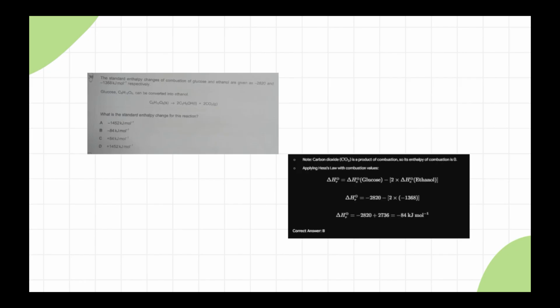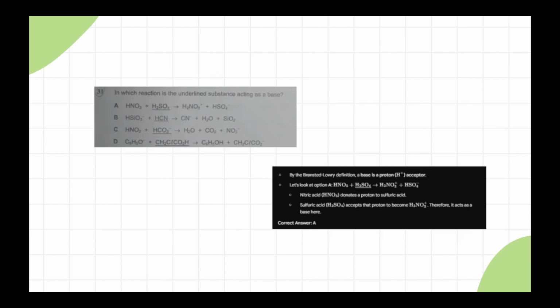Applying Hess's law with combustion values, delta H equals delta H combustion of glucose minus 2 times delta H combustion of ethanol. That is minus 2820 minus 2 times minus 1368, which is minus 2820 plus 2736, equals minus 84 kilojoule per mole. So the correct answer is B.